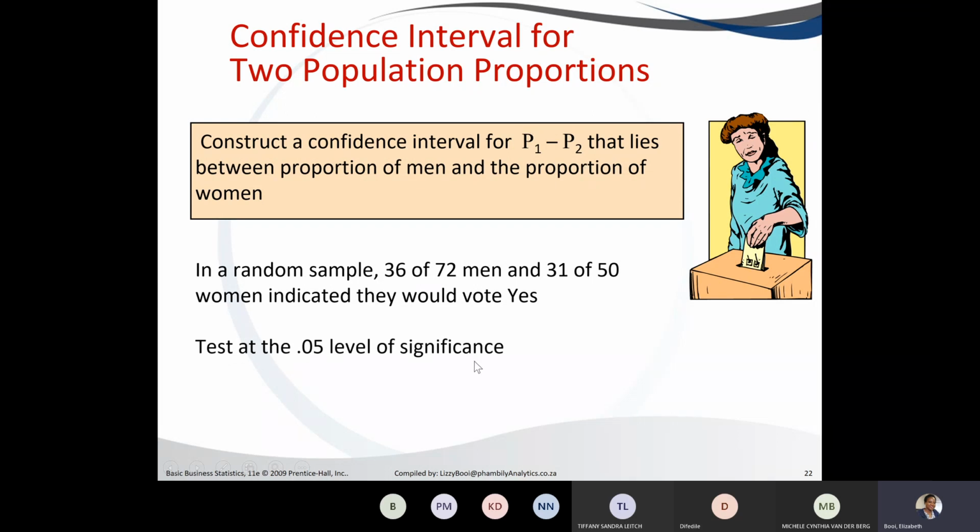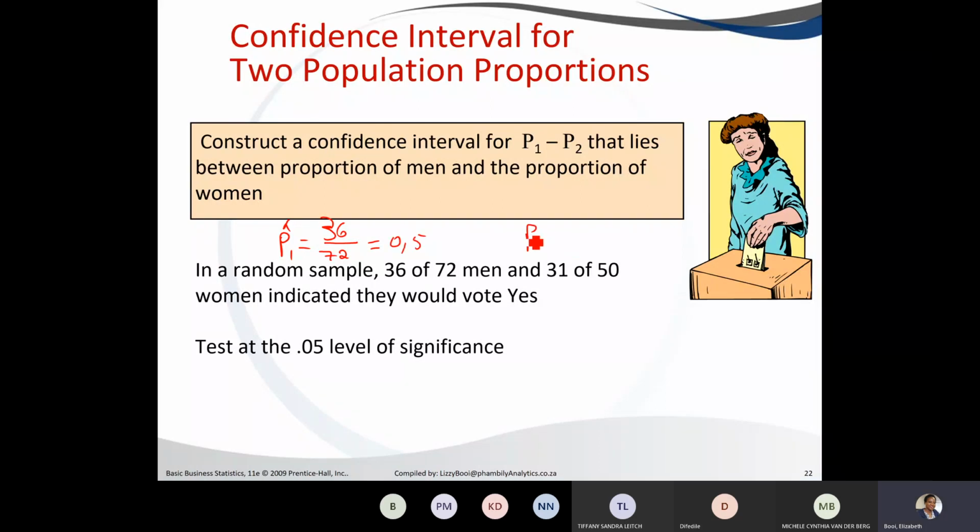First we calculate our point estimate 1, which is 36 divided by 72, which we calculated earlier in the previous hypothesis testing exercise. So 36 divided by 72 is equal to 0.5.